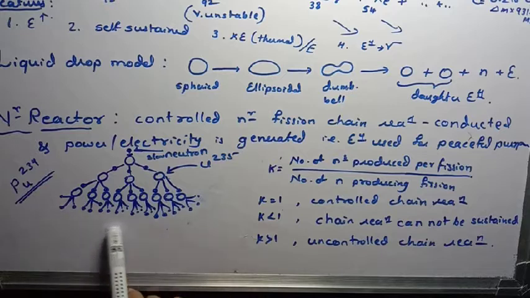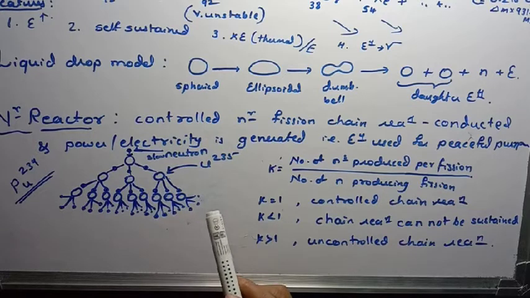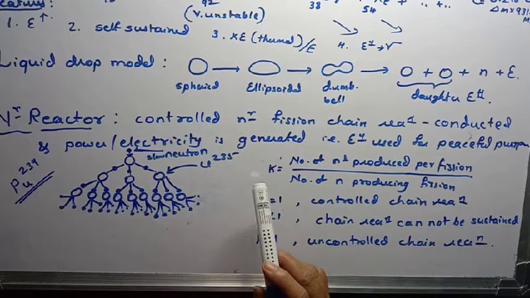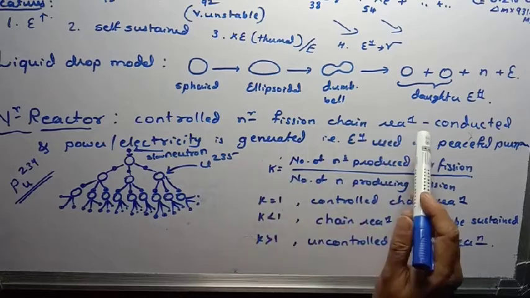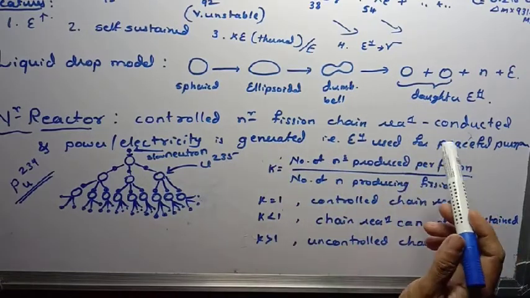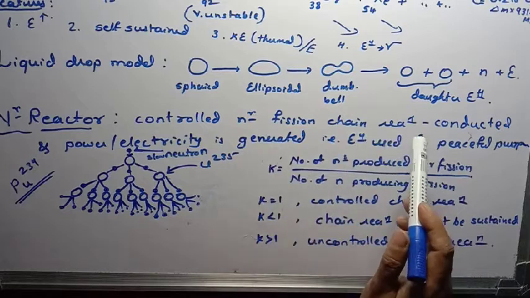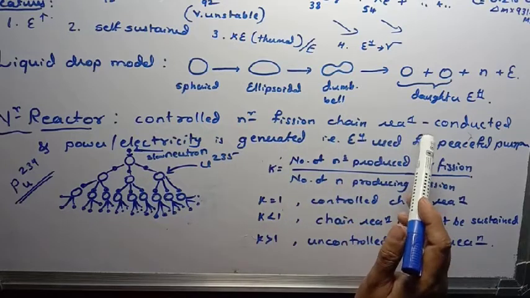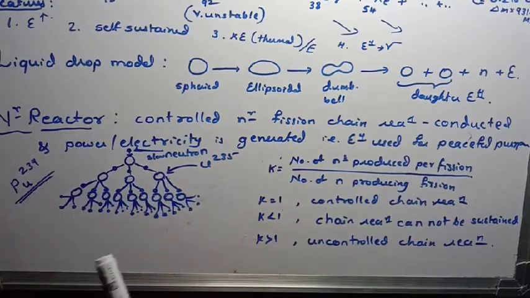A large number of neutrons are produced within a very short fraction of a second. Now the energy liberated can be controlled, that means this fission chain reaction can be controlled in a nuclear reactor, thereby the liberated energy can be utilized for useful purposes.